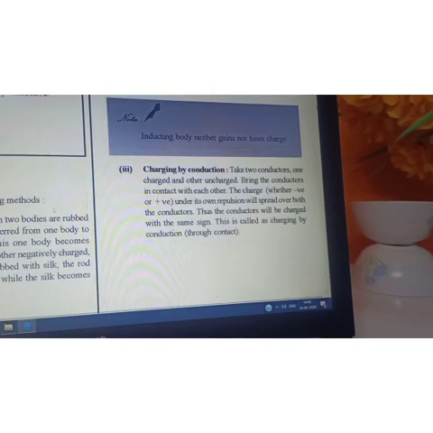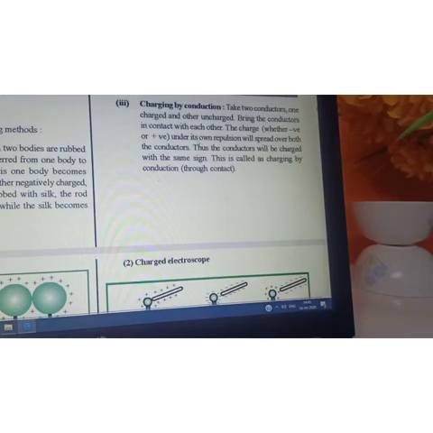Take two conductors, one charged, another uncharged, and bring the conductors in contact with each other. The charge, whether negative or positive, under its own repulsion will spread over both the conductors, and the conductors will be charged with the same sign.